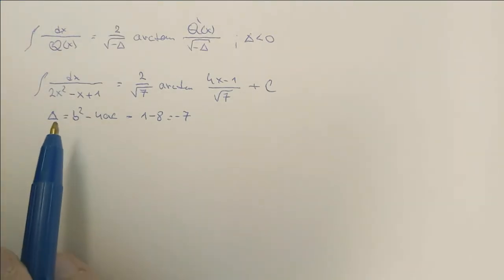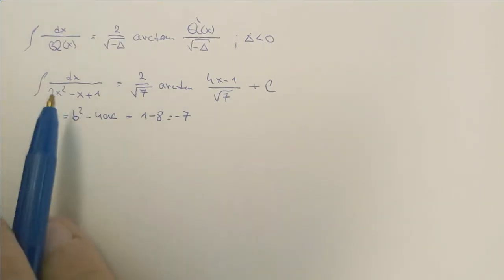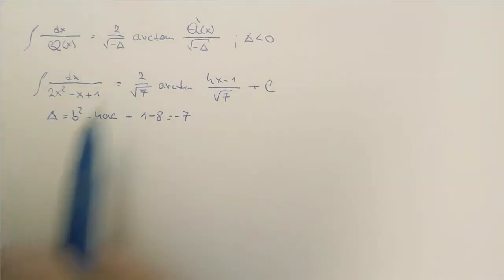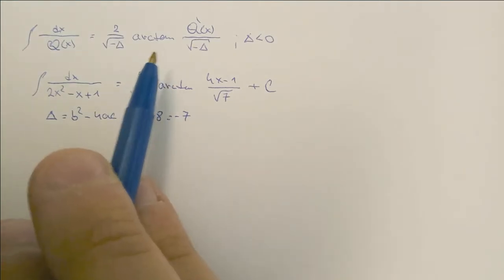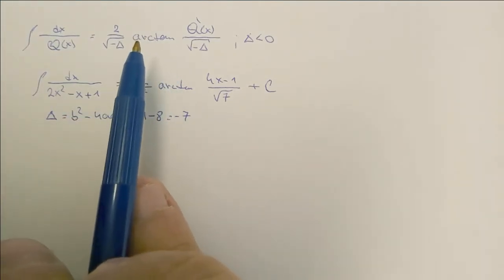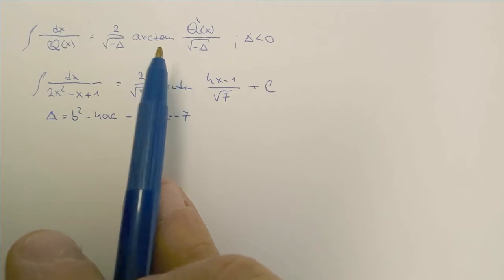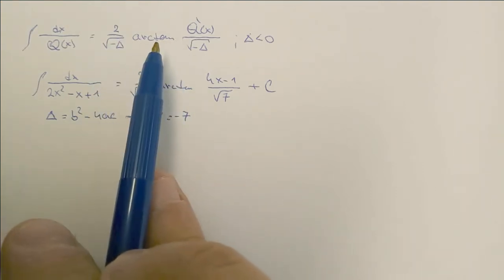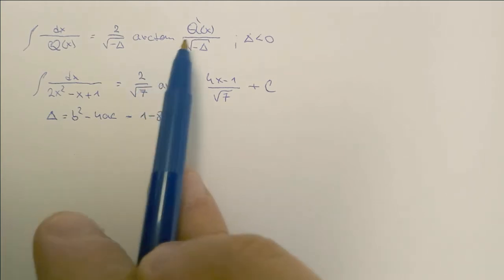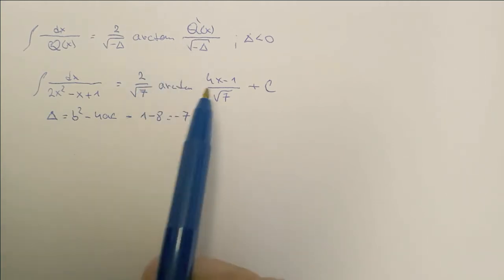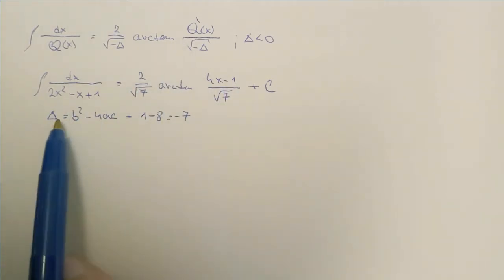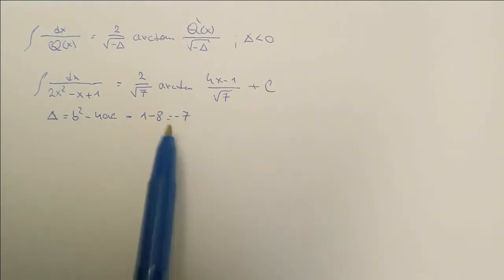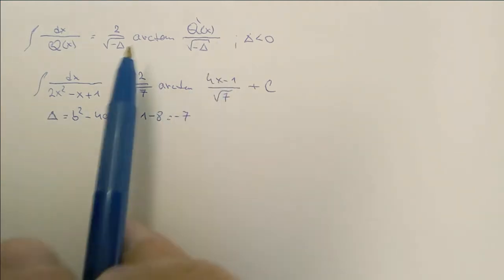For the cases when the discriminant is negative, you can use this formula. Otherwise, instead of this arc tangent, there is arc tangent hyperbolic, or arcus cotangent hyperbolic. But nevertheless, for delta smaller than 0, it's very easy.